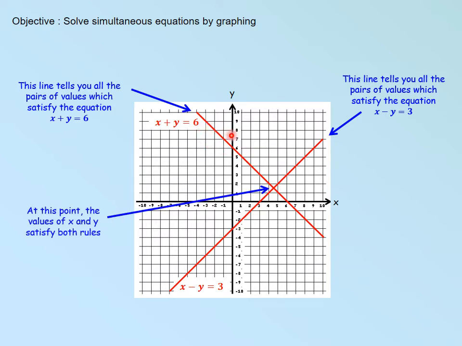At this point, the values of x and y satisfy both rules. This is what we are doing when we are solving simultaneous equations. So to solve simultaneous equations by graphing means to graph the two lines, and then the point of intersection is the only point that satisfies the two equations, which means it is the solution.